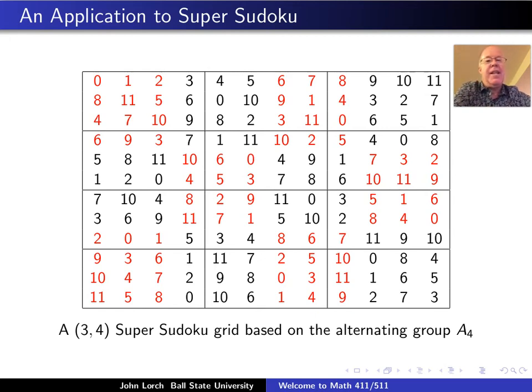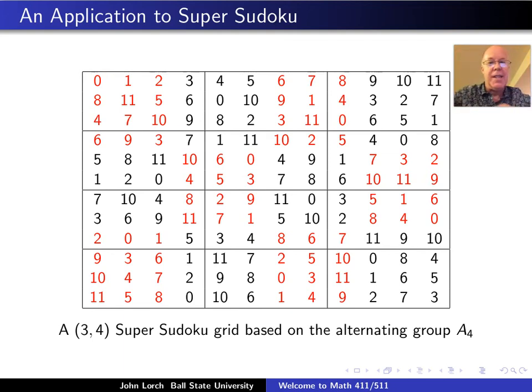It turns out that in constructing grids like this, it can be helpful to have some arithmetic structure in the background. In particular, there's a group called the alternating group A4. That is, it's a special set of order 12, and it has a nice operation on it. You can use the structure of that group to produce a super Sudoku grid like this.